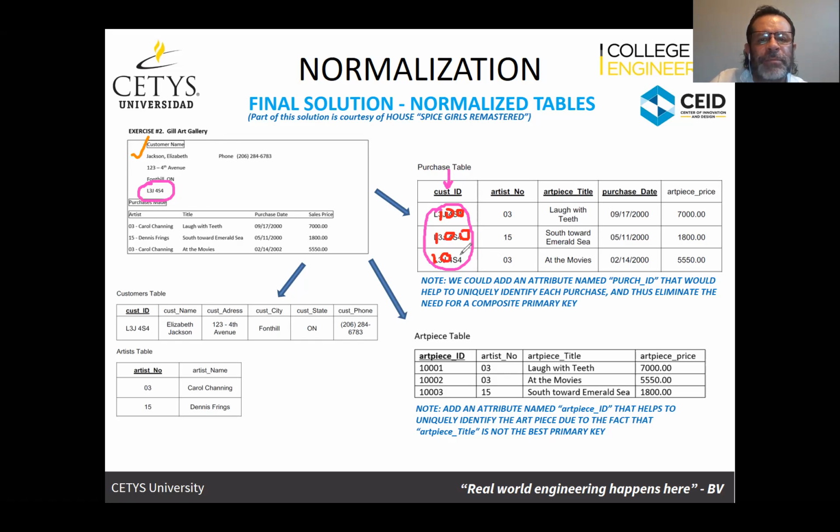The format for this zip code is kind of weird, LSL3J454. I would venture to say that this is not in the United States, maybe it's in Canada. It has a weird format.